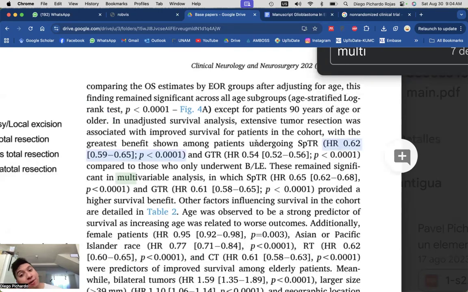The hazard ratio was low, so patients that underwent surgery did better. However, once we did a multivariate analysis, the effect was still significant. So initially there was a big benefit, and after controlling for a bunch of other stuff, it was still super relevant.